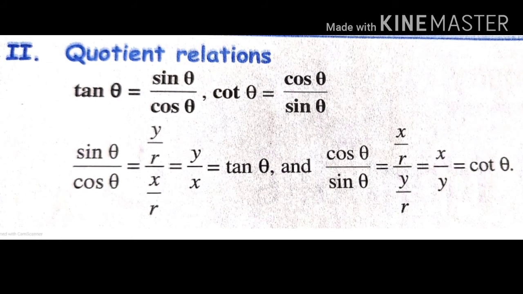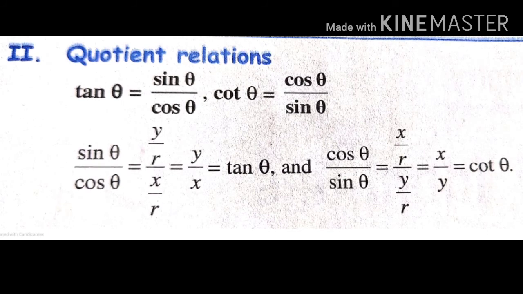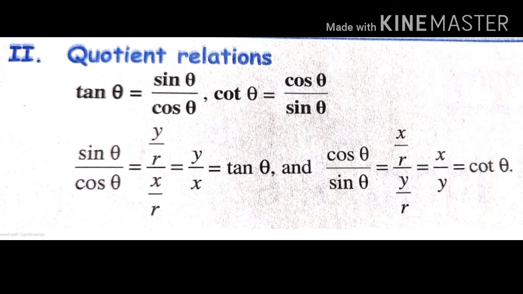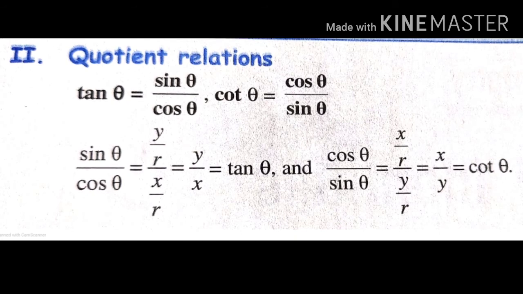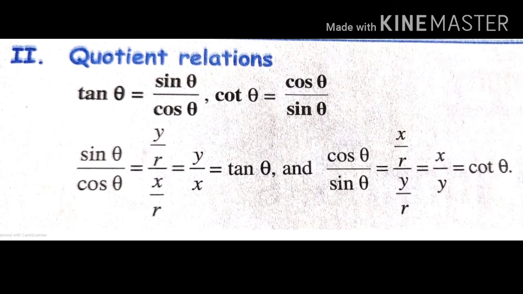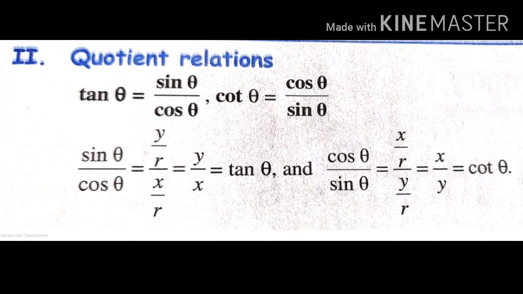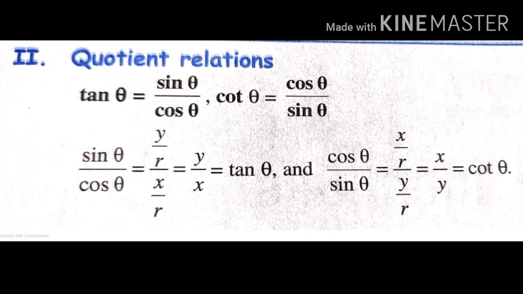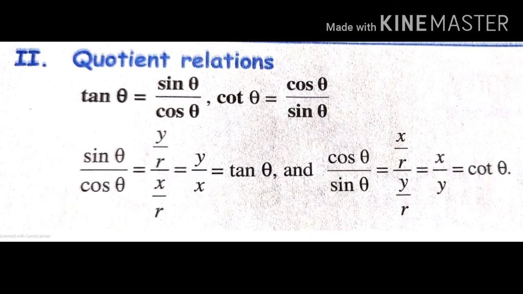Now cot theta is equal to cos theta upon sin theta. So we write cos theta upon sin theta, cos is x by r, as it is also given there, and sin theta as y by r. Now this r gets cut, so it is equal to x by y. But x by y is nothing but cot theta.